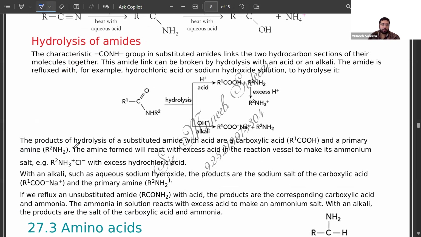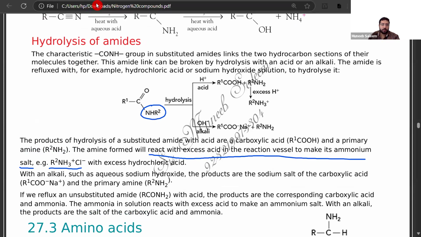But this primary amine compound will react with excess acid to make its ammonium salt like this. So the R2 part of the amide becomes the ammonium salt, or ammonium ion in other words. So this happens when there is a reaction between the amide with the excess of acid.